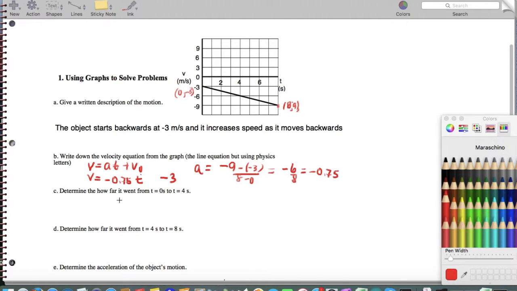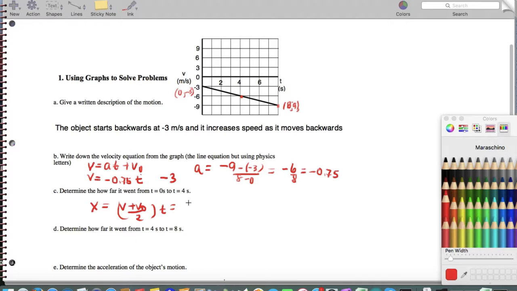Now, how far did it go from 0 to 4 seconds? Well, we know that x is v plus v naught over 2 times the time. And we can read that off the graph. So v at 4 seconds is -6.